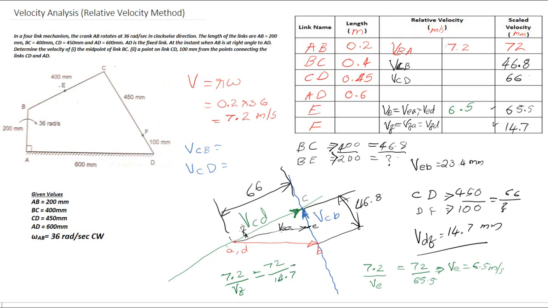From this we get VF equal to 1.47 meter per second. So our answers are VE equal to 6.5 meter per second and VF equal to 1.47 meter per second.